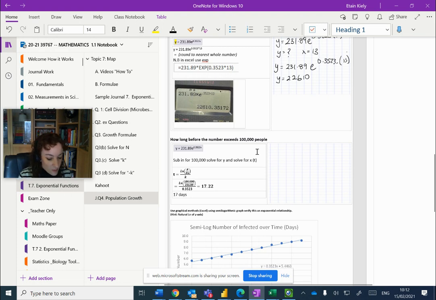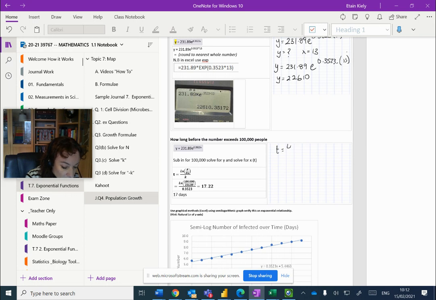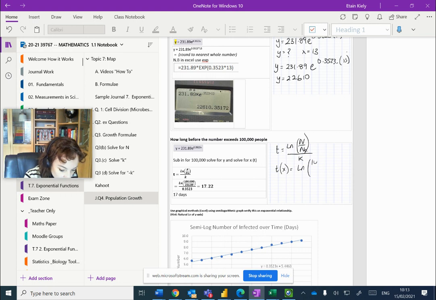To shortcut this a little bit, we have repackaged the equation in the past so that t is equal to the natural log of N over N0, all divided by k. So t, which in our equation is x, is equal to the natural log of N, which is 100,000, all divided by N0, which is what we started with in the equation, 231.89, all divided by k, which is 0.3523.